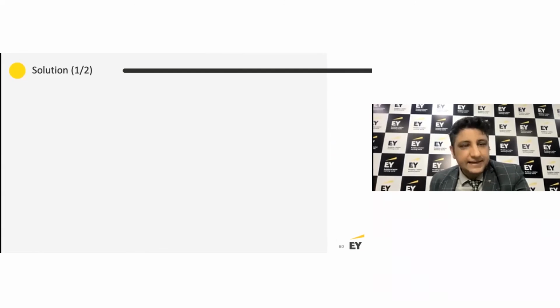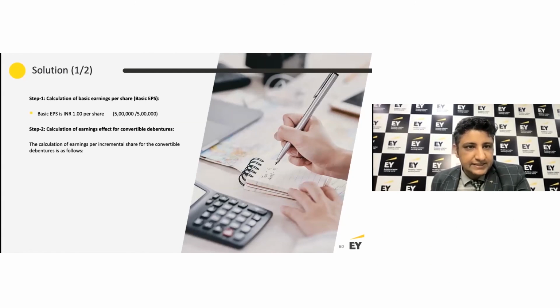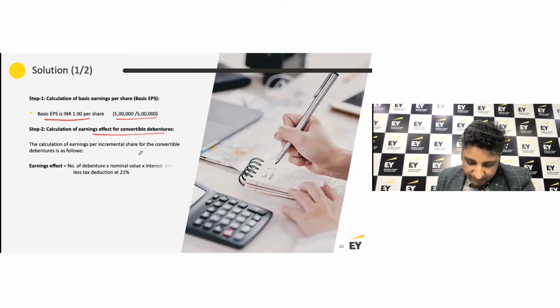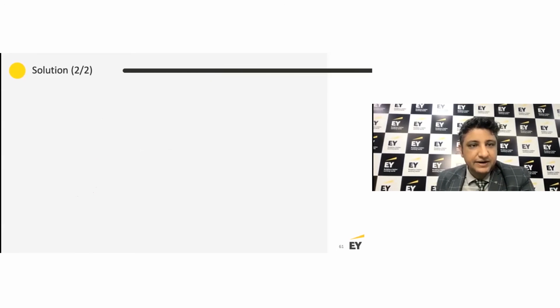Okay, let's have a look at the formal solution as well. It says that the basic EPS is 1 rupee per share. We did that. Calculation of earnings effect for convertible debentures is basically whatever is your number of debentures, which was 500, nominal value was 200, interest cost was 10%, and of course the net of taxes, it would be coming at 7,900. We did that calculation of 10,000 minus 2,100. So that's 7,900, of course.